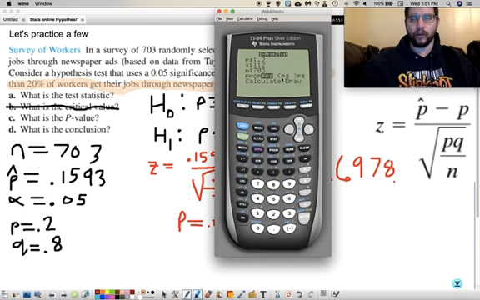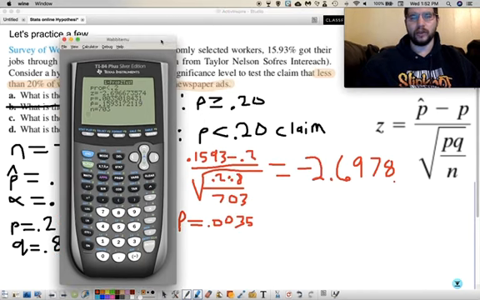This matters for our p-value. It didn't matter for the test statistic, but it does matter for what our p will be. And if we calculate, 0.00350, etc. So really close to what we got from the chart.